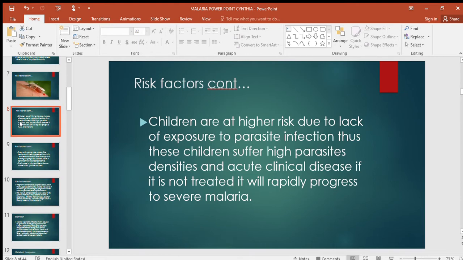This simply means that children are more at risk because they are not yet exposed to the parasites as compared to us, the adults. You find that they will have a lot of parasites in their blood when it is examined under the microscope, because they lack acquired immunity for malaria.